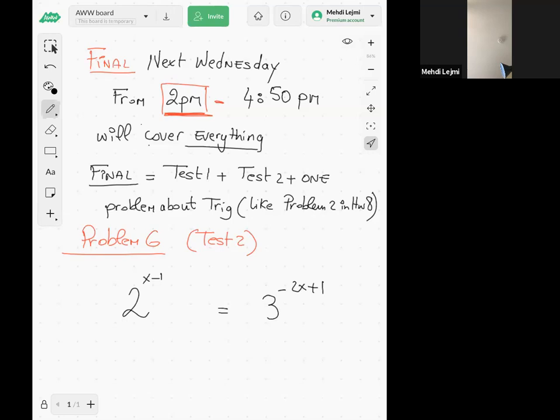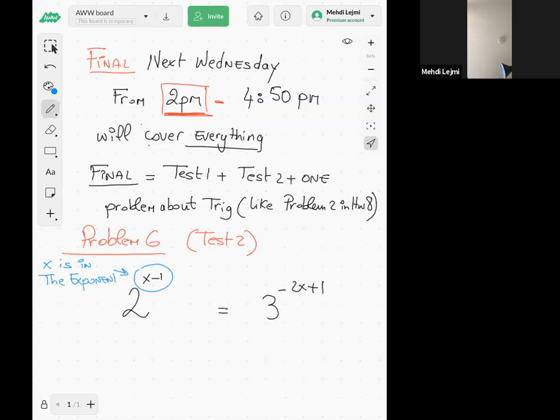So I was saying this is an exponential equation because there is an x in the exponent. Whenever you have x in the exponent, in the word exponential there's the word exponent, right?